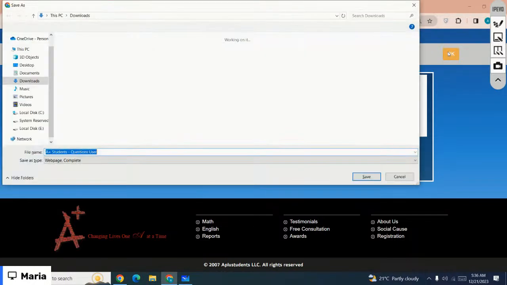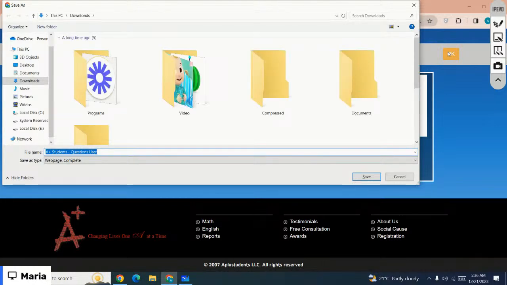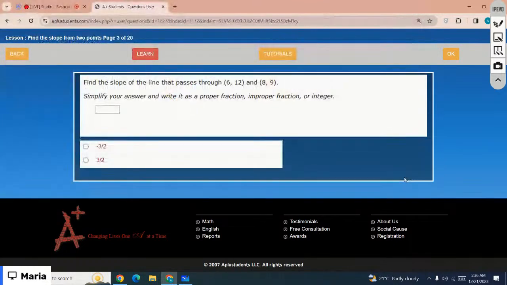So which is the correct option? Yes, the correct option is negative 3 over 2. Option number 1 is the correct option. Very good.